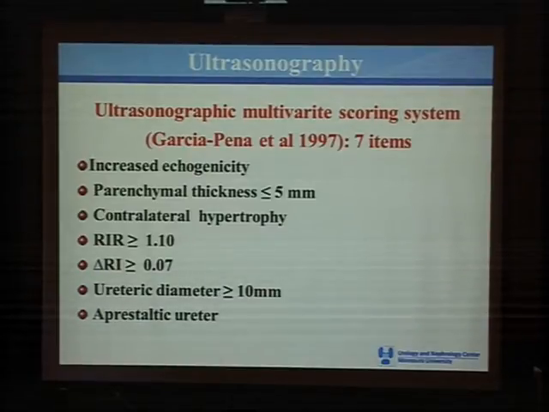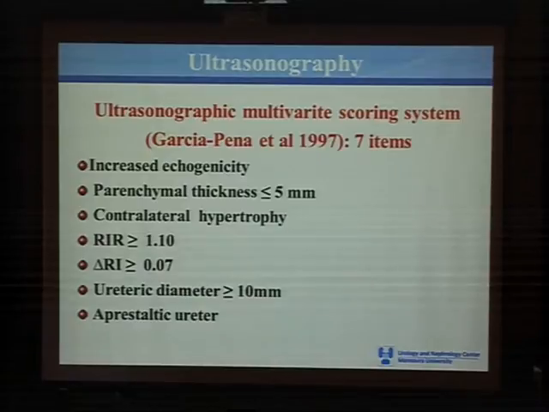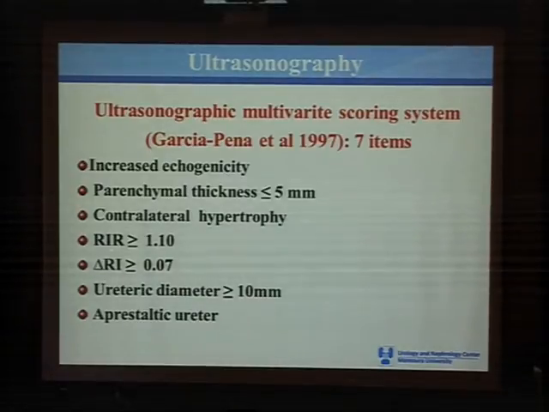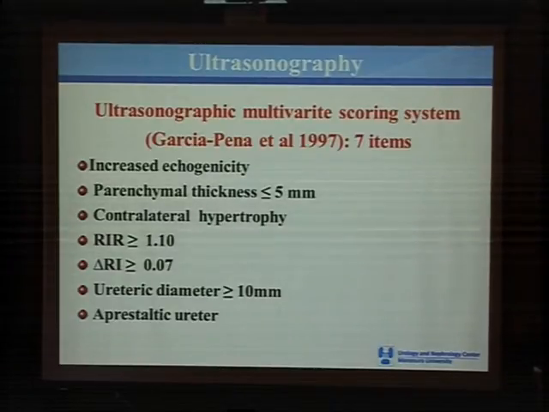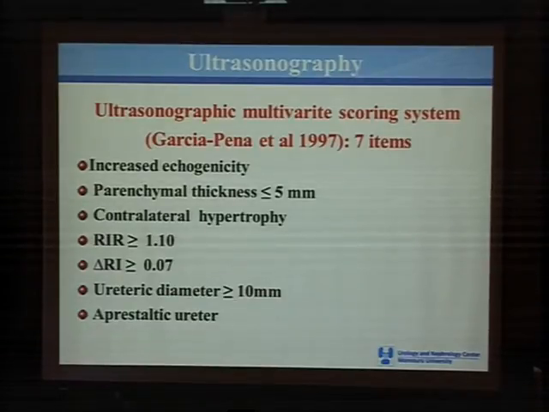And there are 2 other signs related to the resistive index: ratio more than 1.1, and delta resistive index more than 0.07. And then 2 other factors related to the ureter, which are a dilated ureter more than 1 centimeter, and the absence of peristalsis of the ureter.